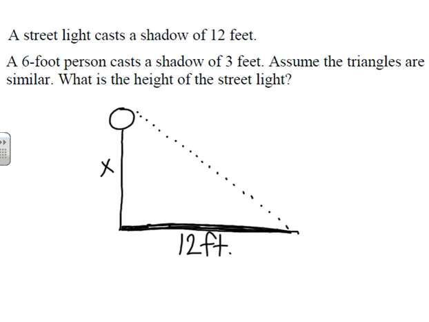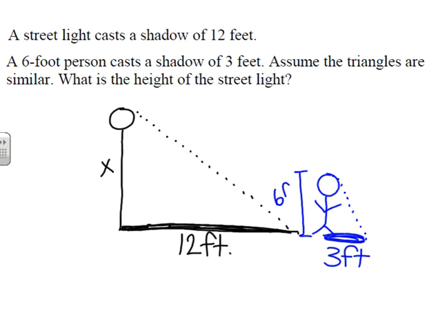Okay, and then we have a 6-foot person, so they are standing on the ground. And they cast a 3-foot shadow. So their shadow is 3 feet, and the person is 6 feet tall.